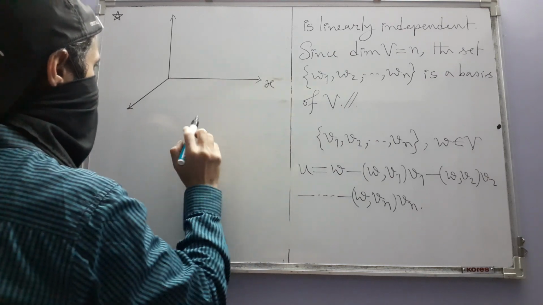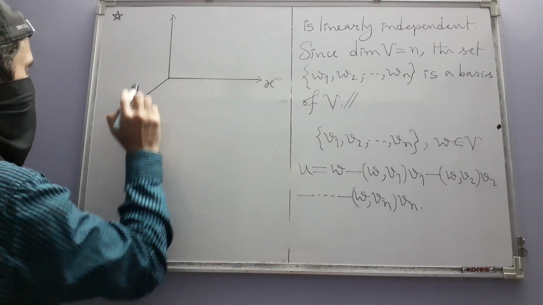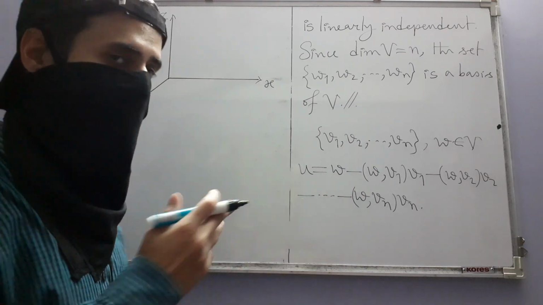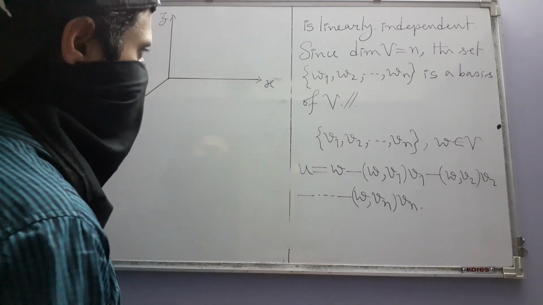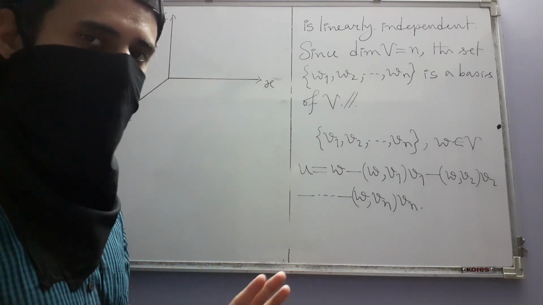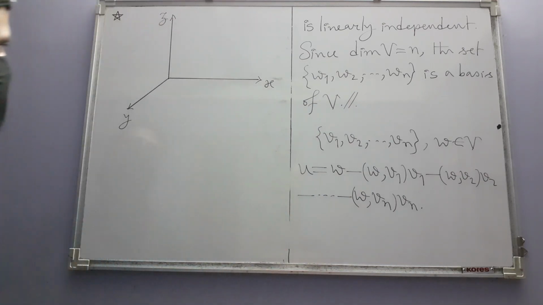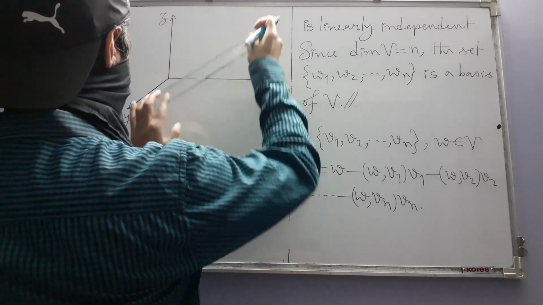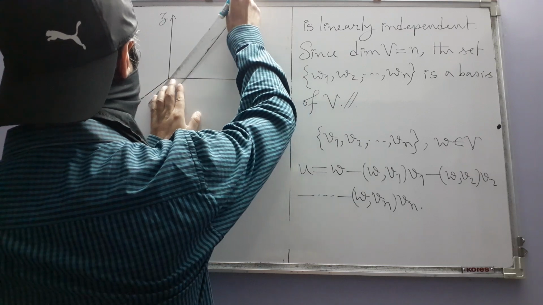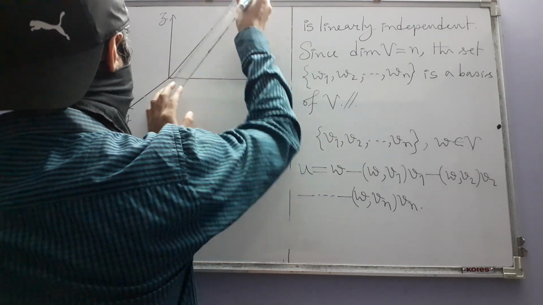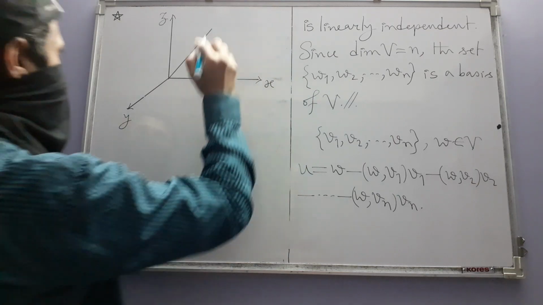Say this is your x, this is y, then this is z axis, the positive directions of these axes. Not caring about whether it's a right-handed system or left-handed. So in this, you can imagine a vector emanating from the origin. It's like the position vector of a point.